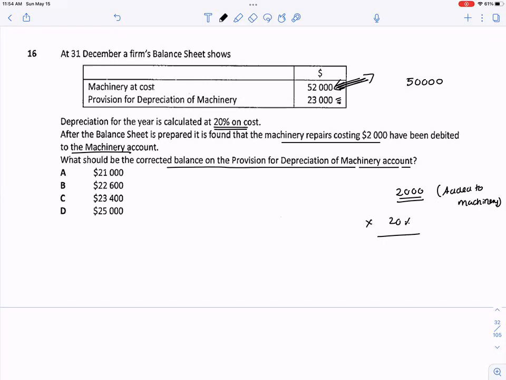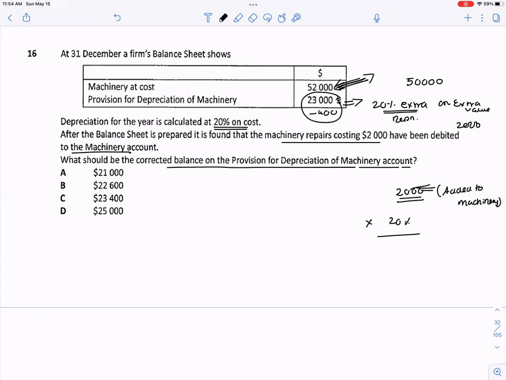So 20% extra depreciation was included over here, extra depreciation on the extra value. What was the extra value? 2,000. So 400 extra was included over here.